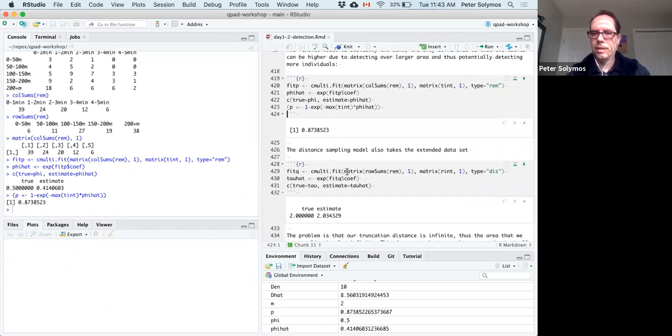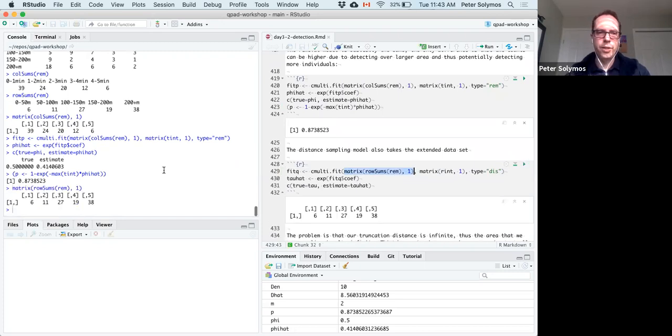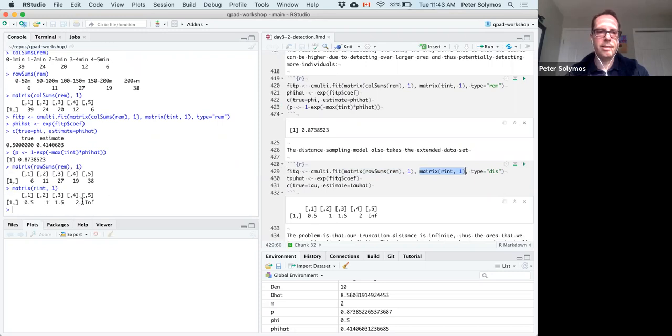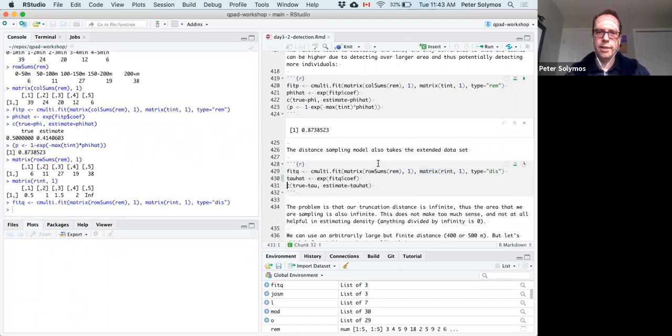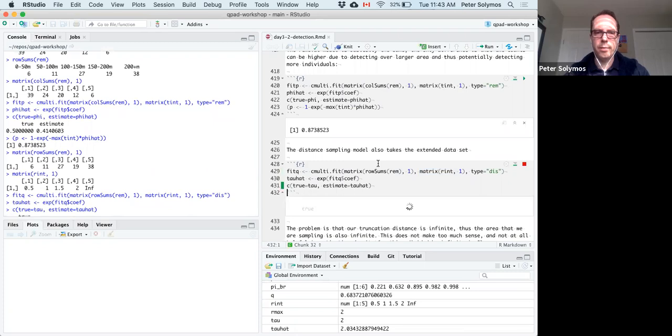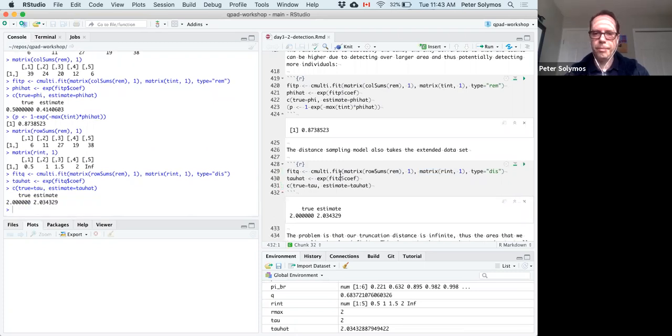Same logic, I just use the additional counts, 38 for 200 and beyond, and include that into our matrix. Now it has infinity as the last breakpoint. Fit the distance sampling, calculate our estimate for tau, and compare it to the true value, very close.